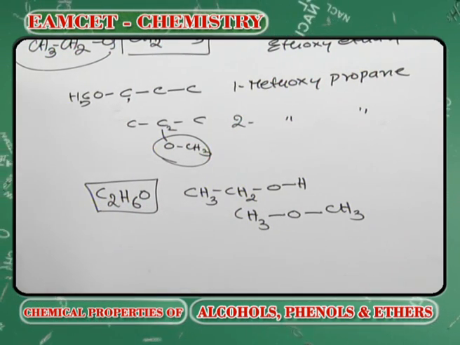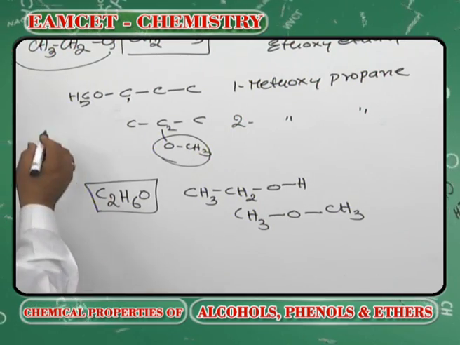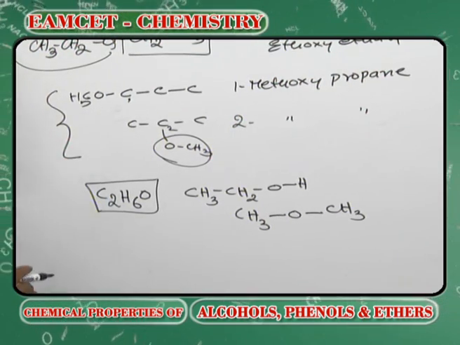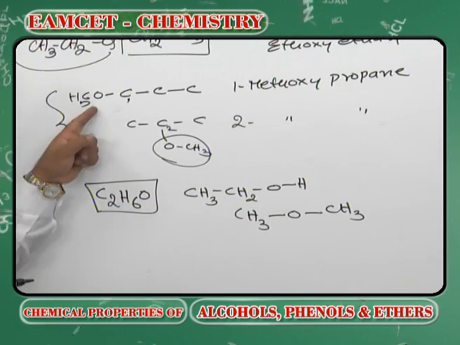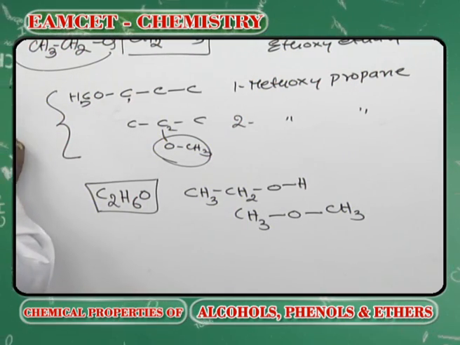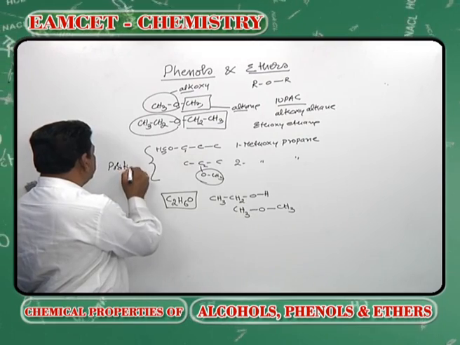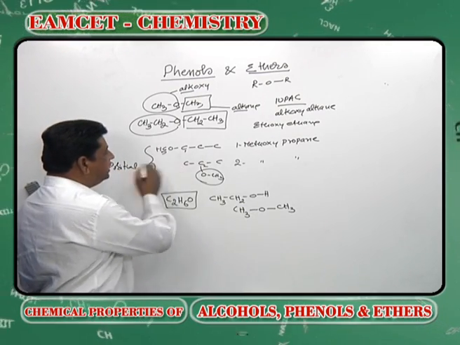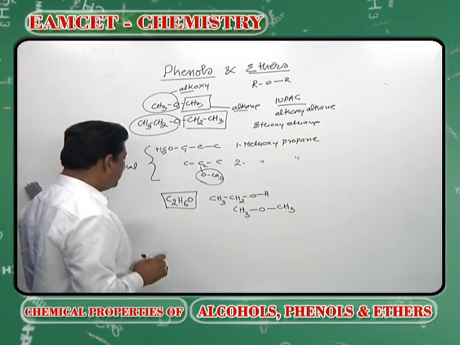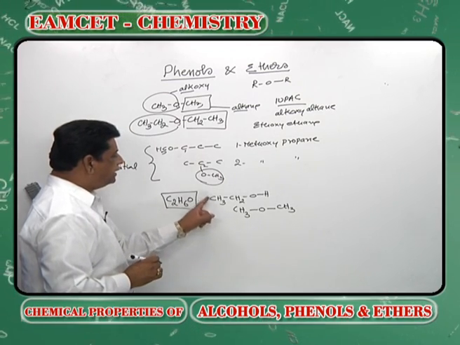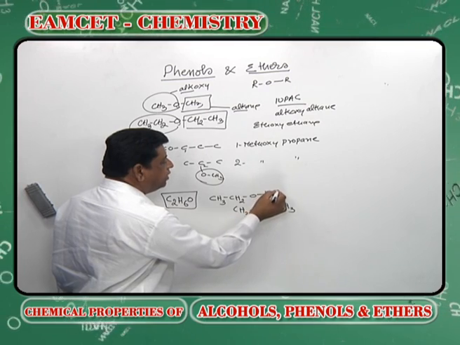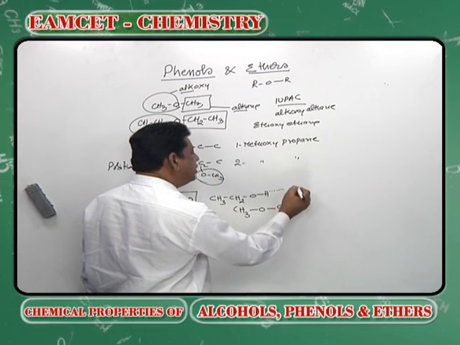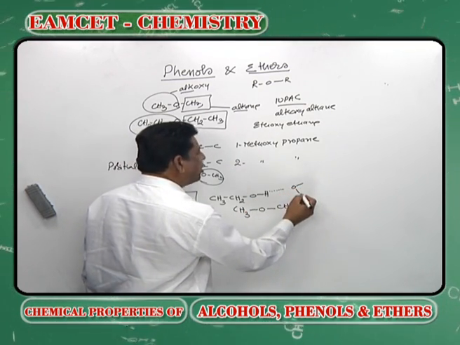Whereas here, 1-methoxypropane and 2-methoxypropane, the ether function is the same, only the position is differing, therefore they are called positional isomers. Not chain, it looks like chain, but it is positional isomers. Now, the alcohol and methyl ether are functional isomers. One of the specialities: this hydrogen is linked to another ether O, that is the alcohol O.